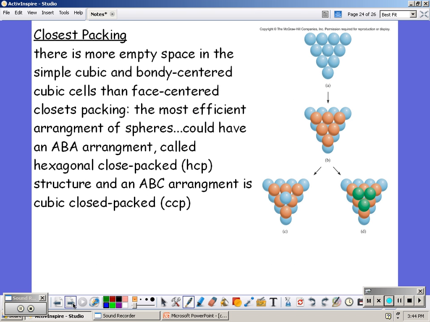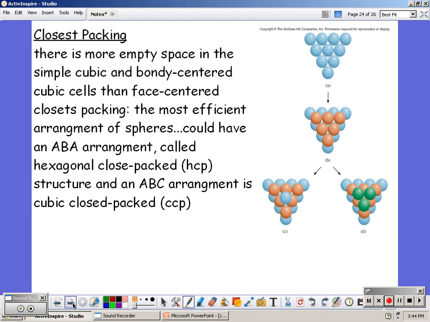Closest packing. There is more empty space in the simple cubic and body-centered cubic cells than in the face-centered. Closest packing is the most efficient arrangement of spheres. When we arrange them, they could have an ABA arrangement, called hexagonal closest pack structure, or an ABC arrangement, which is the cubic closest pack, or CCP.